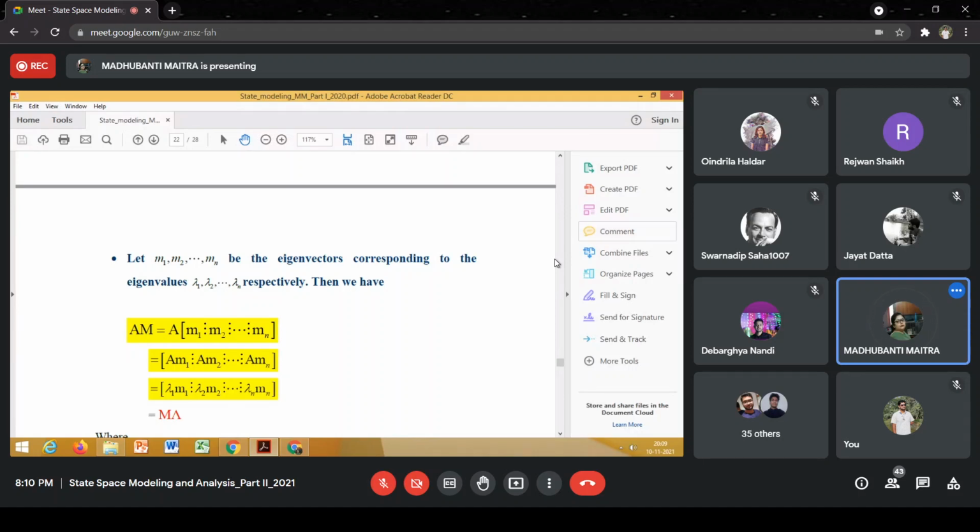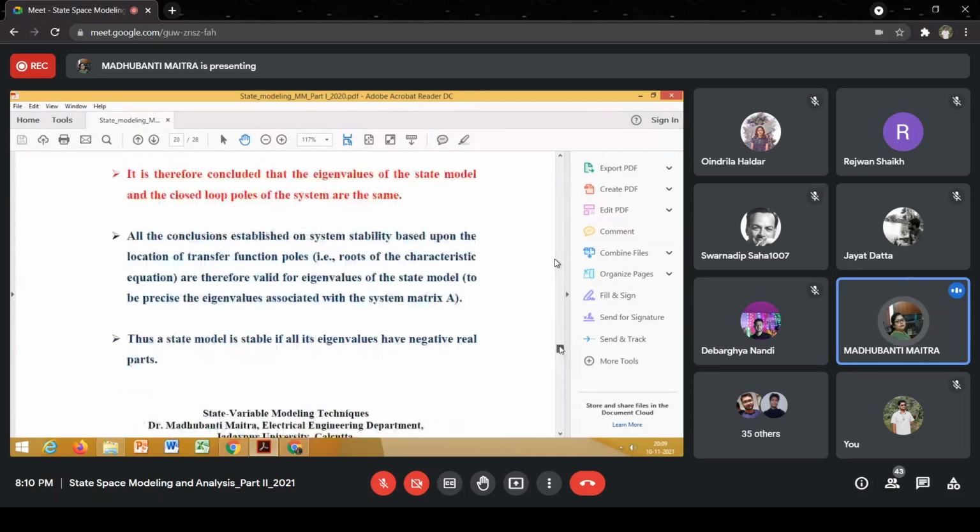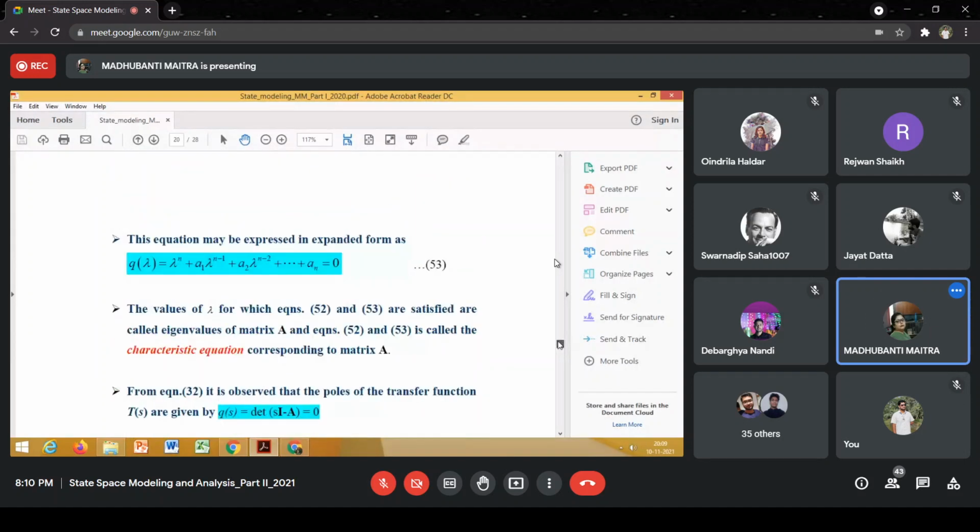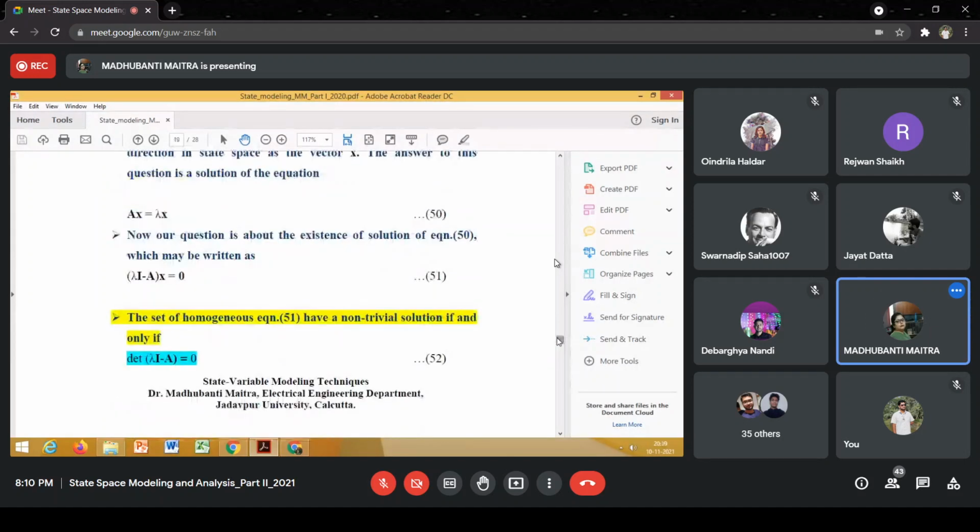Right? So let's get back to that particular equation. If X is for lambda 1, the solution vector will be M1. So this equation can be read as A into M1 is equal to lambda 1 into M1.